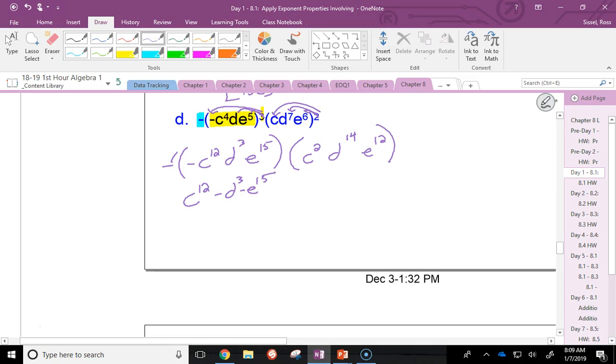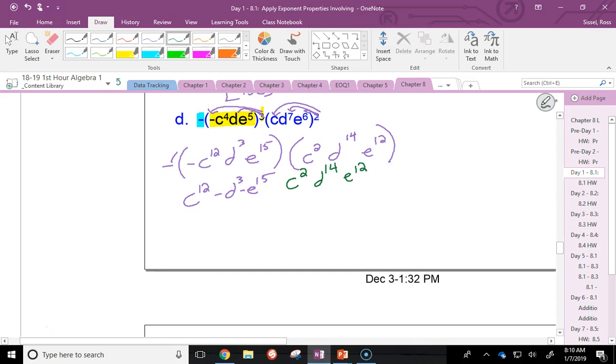As I said, what is the opposite of this? And I'm going to switch colors so we don't mix them up. I still have c squared, d to the 14th, e to the 12th. All they're doing is giving us a box. They're trying to confuse us to see if we understand the process.